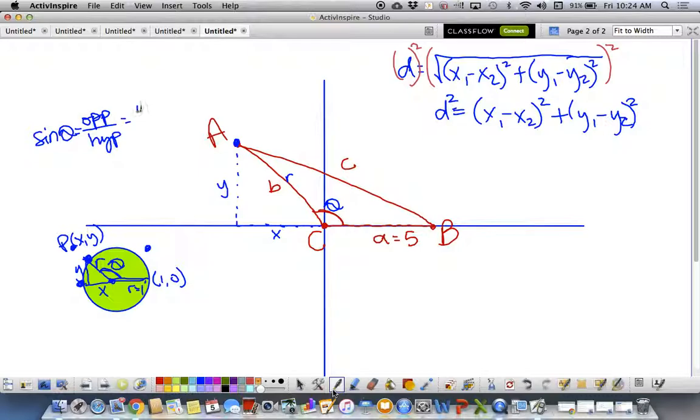Y. What is my hypotenuse? R. If R is 1, what do we know? What is sine theta? Equals y. So is your Y value what? Sine. Y is the sine theta.